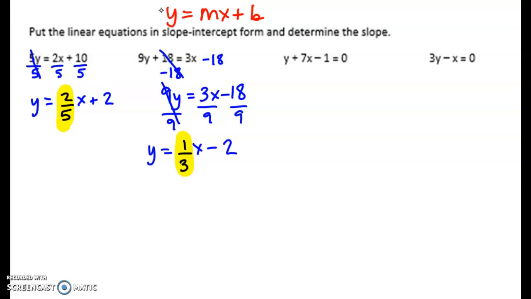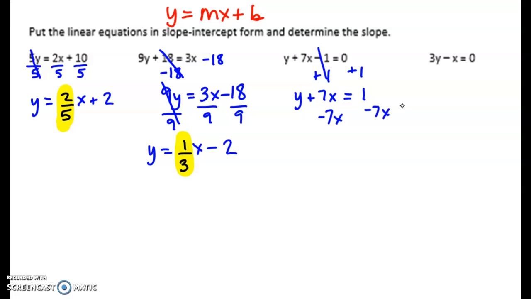In this next one, I see it is already 1y. We need to move the 7x to the right and the -1 to the right. You could do that in just one step. I'm going to take 2 steps so I can show all my work. So first we move the constant term. We add 1 to both sides. Secondly, we're going to subtract all the x's.